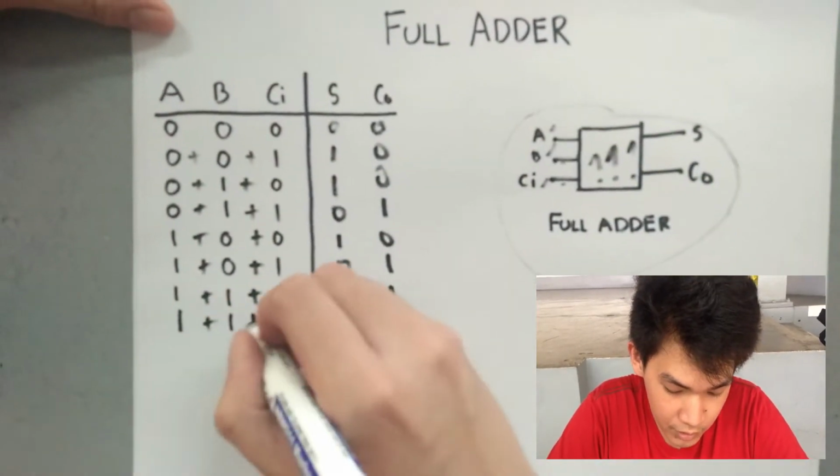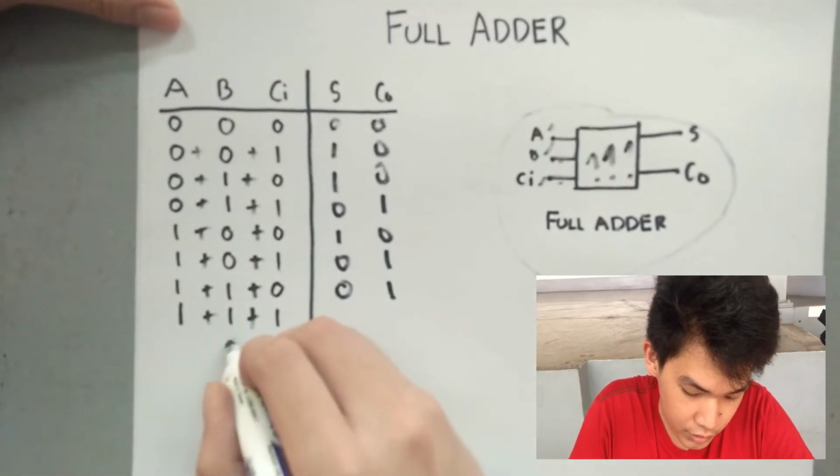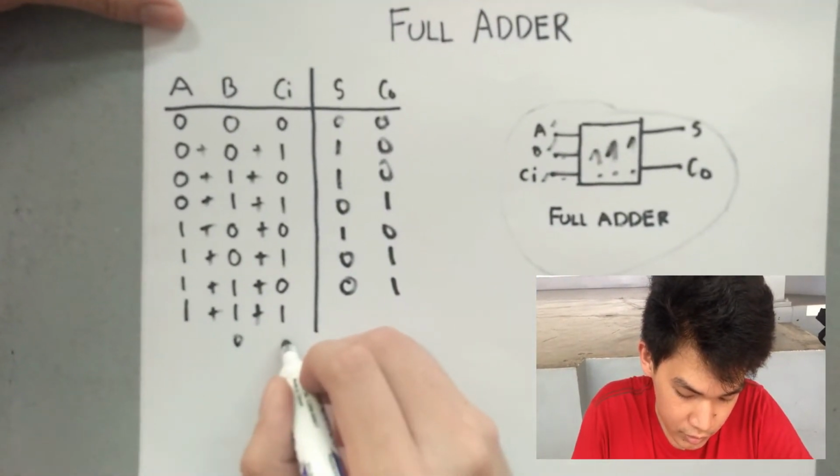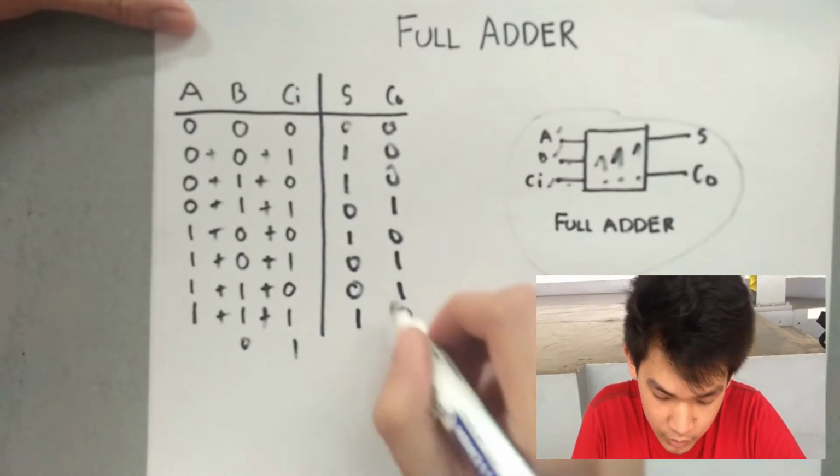Now 1 plus 1 plus 1 is 0 here, and then plus 1 is equal to 1. So the sum is 1, the carry is 1.